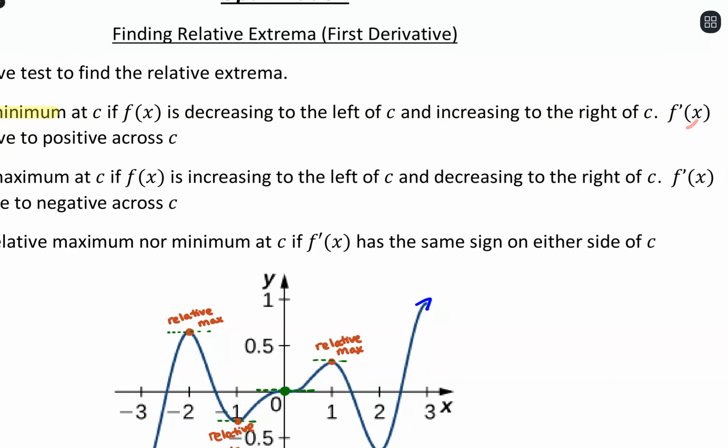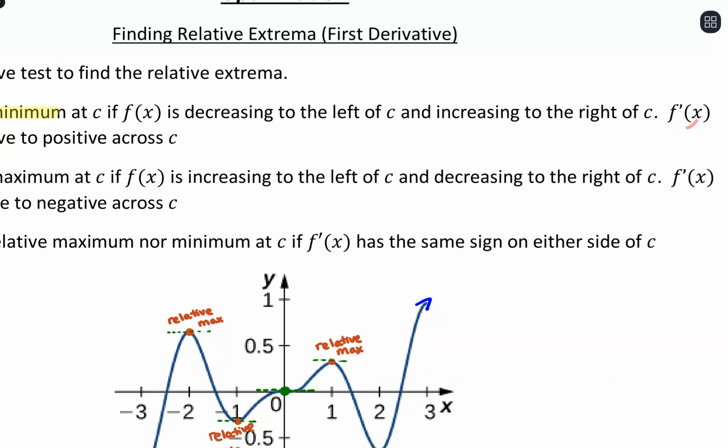So we have these positive slopes here, and then it's still positive slopes. So this is a spot where there's a critical value that's going to be showing up there because that's where the derivative is equal to 0. But because it's the same sign, since it's positive on both sides, it's not actually a relative maximum or minimum.